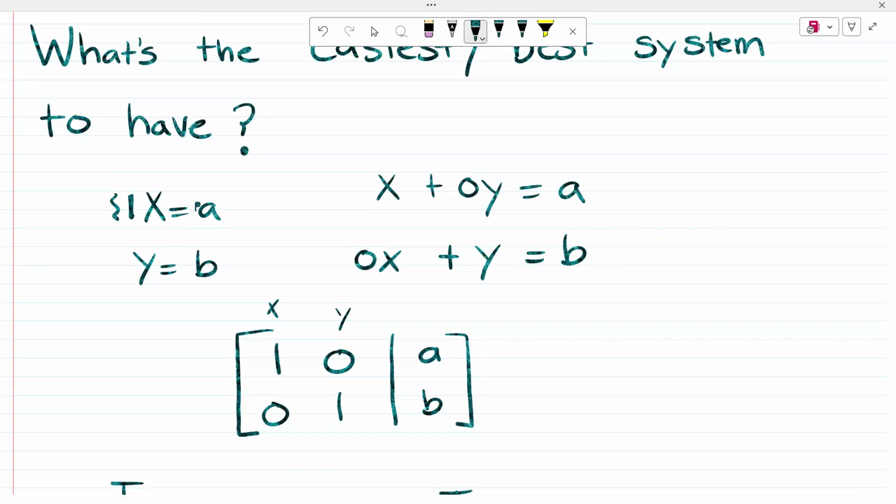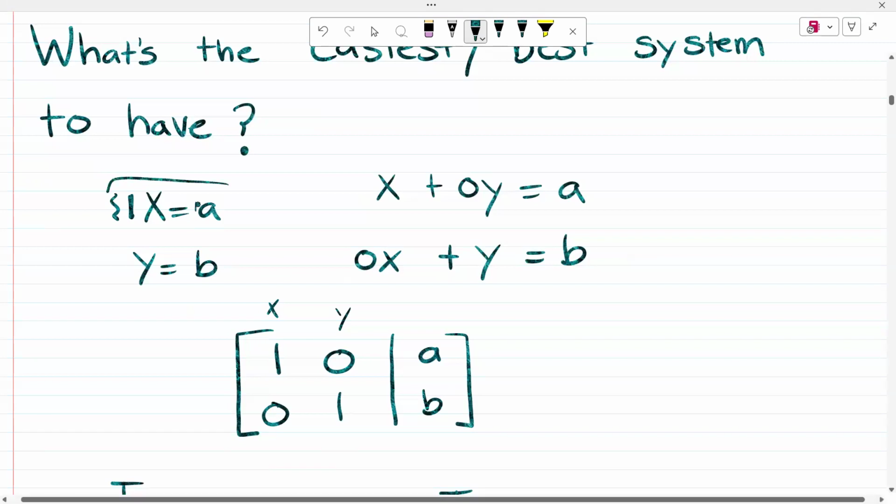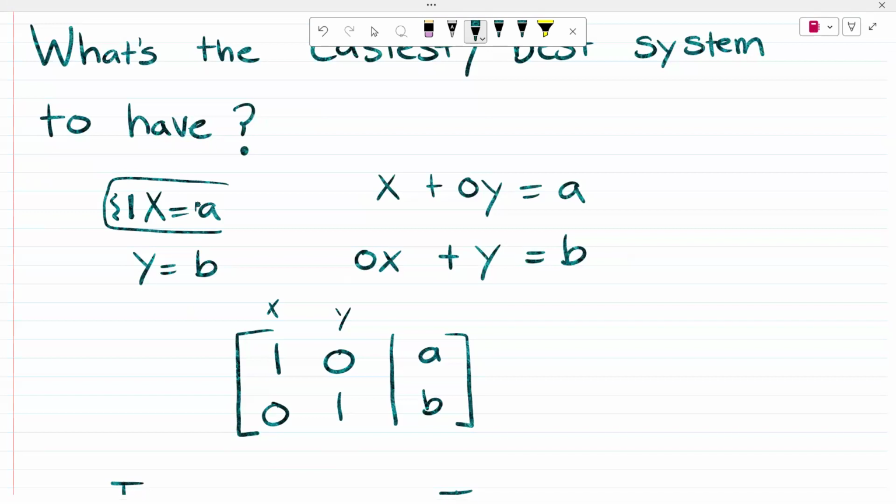And then on the second column, y, on the first equation, we do not have a y, so that's why I replaced it with 0. And then on the second equation, we do have a y, and it has a coefficient of 1. And remember in the previous lecture, in an augmented matrix, you can replace the equal sign with a straight vertical line. And that's why we have an a and a b.